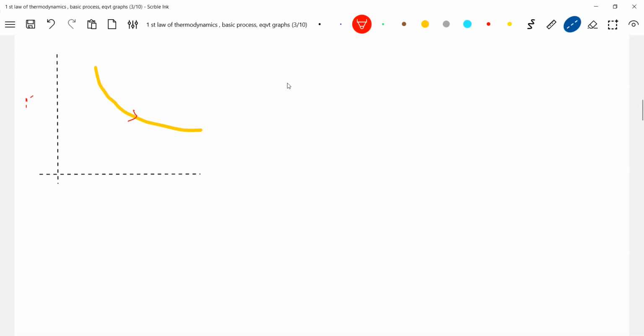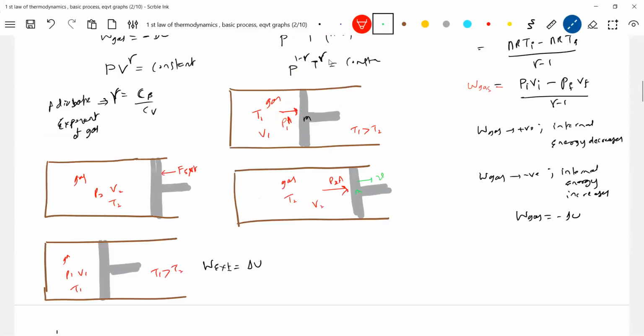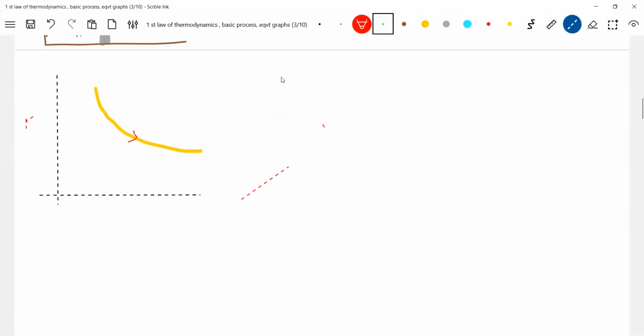Not moving. What to do? Okay, this is up arrow, down arrow.